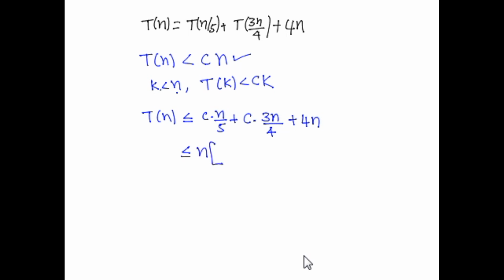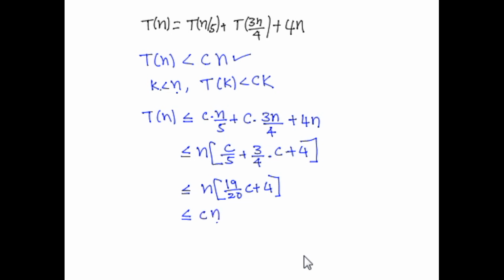So this is C by 5 plus 3 by 4 into C, plus 4. Taking the terms common, this is smaller than or equal to n into 19 by 20 C plus 4. We want this term to be smaller than C times n.